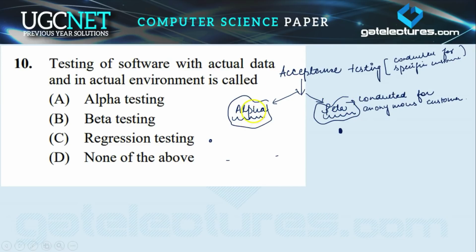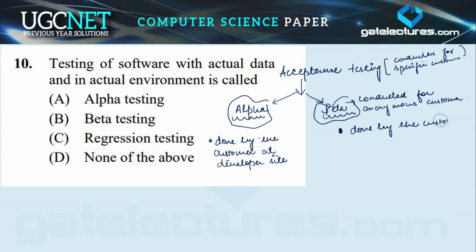So both testings are done by the customers, but the place where they test that particular software is different. Alpha testing is done by the customer at the developer site only, right? And beta testing is also done by the customer, but it is done at the user's, or you can say customer's, site.